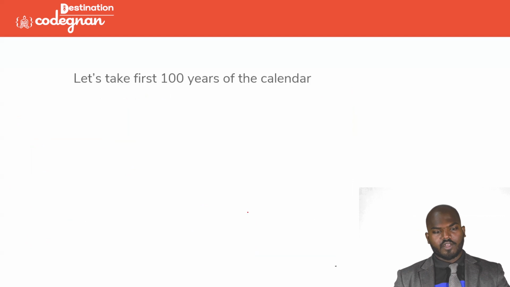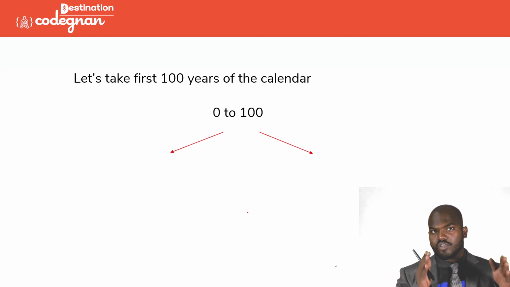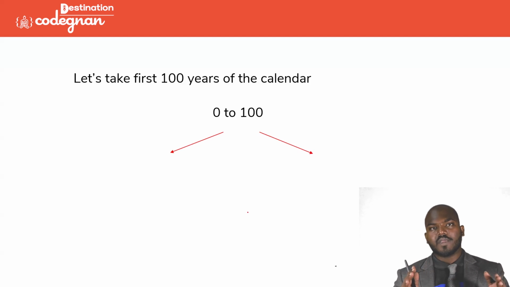Once you've done this, let's take the first 100 years of the calendar. That is the point of the questions here. Taking 0 to 100, first you need to find out how many leap years are there inside that 0 to 100.